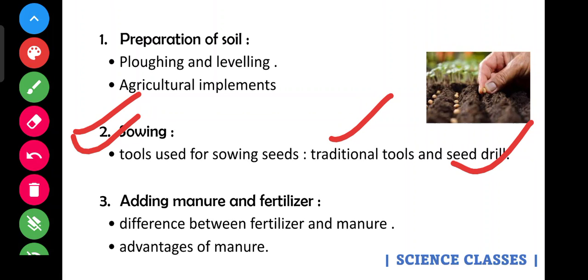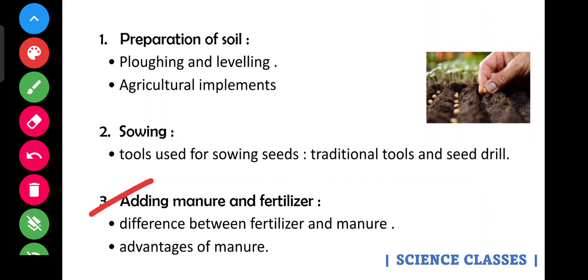The third step is adding manure and fertilizer, which is a very important step. The substances which are added to the soil in the form of nutrients for the healthy growth of plants are called manure and fertilizer.